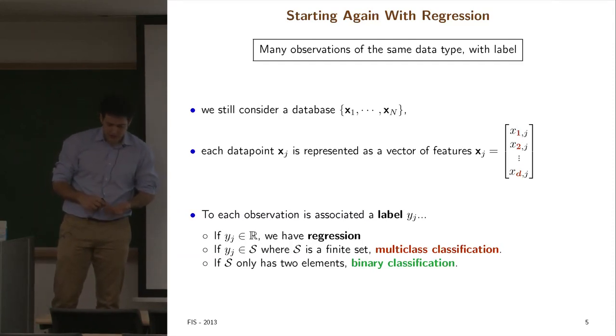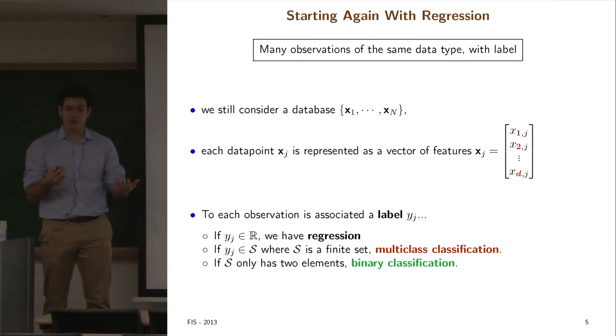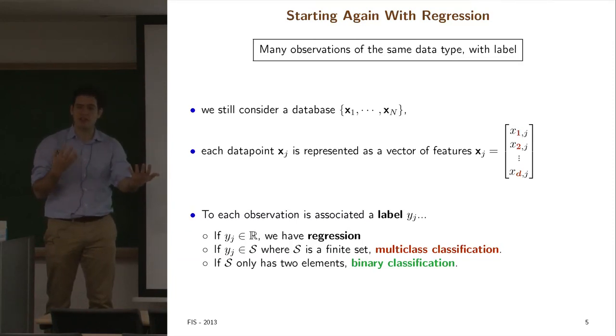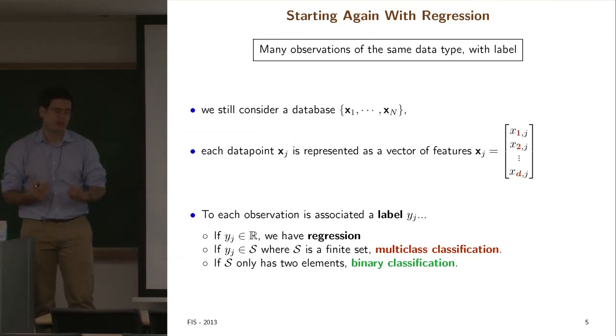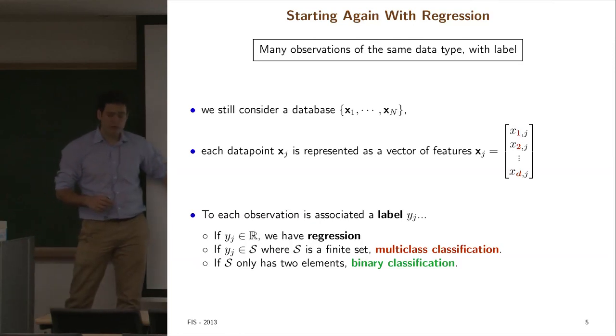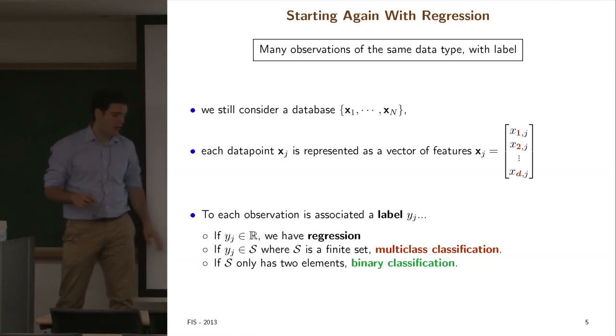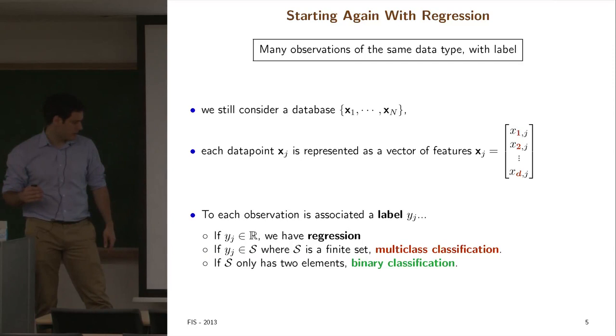You remember that when we started regression, we were saying that there were observations, and then there was a variable that was interesting, important, maybe hard or costly to measure, which we wanted to predict. In regression, that variable is a real number, or it might be a few real numbers.